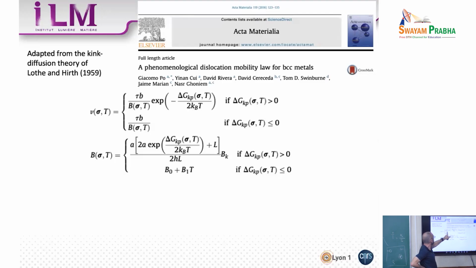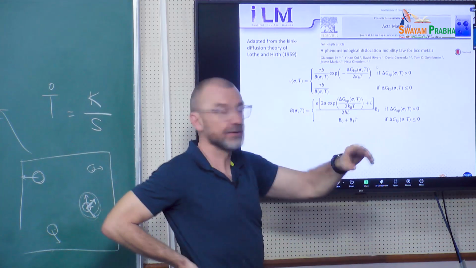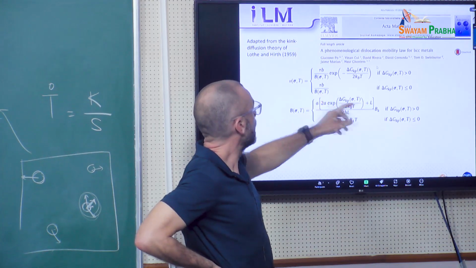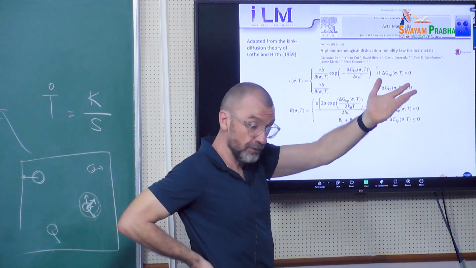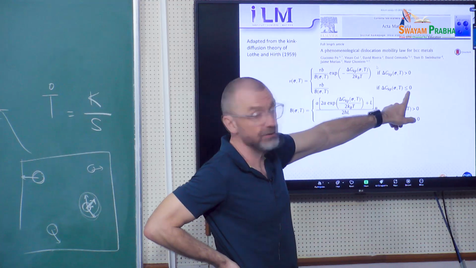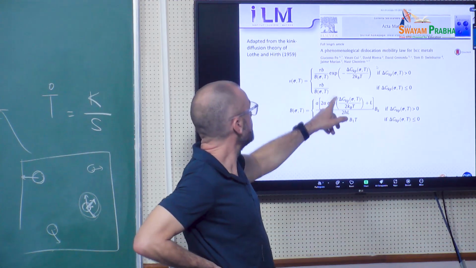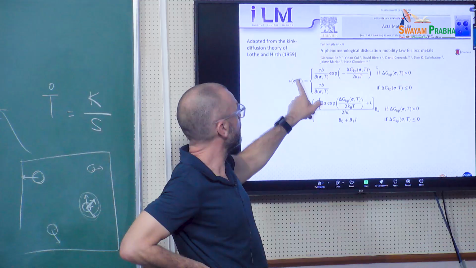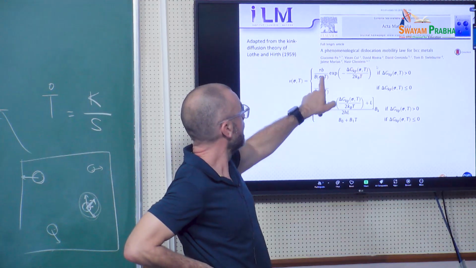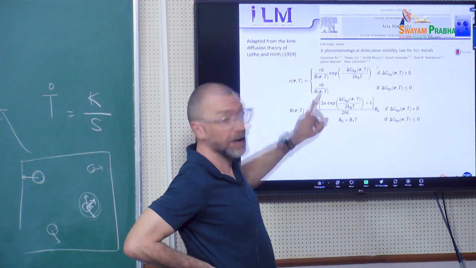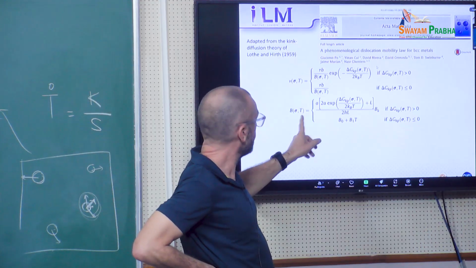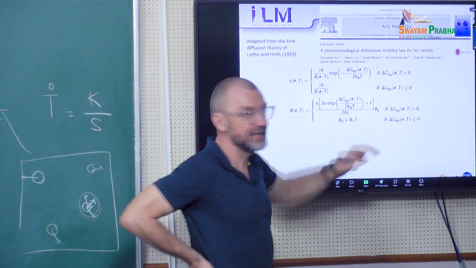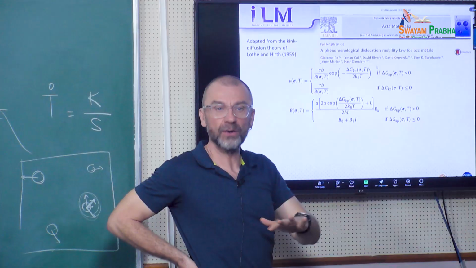And there's here a mobility coefficient. And then if you are in the athermal regime, so if the barrier is 0 or negative, then you are limited by phonons, so you are now proportional to the applied stress, and there's still a mobility term here. And the mobility term itself depends on whether there is a barrier or not.